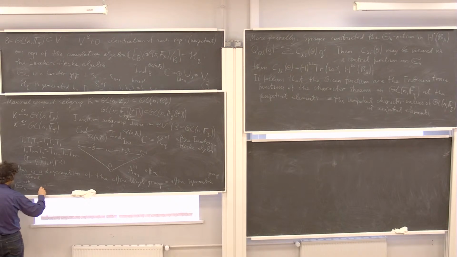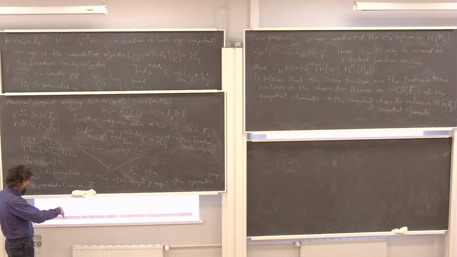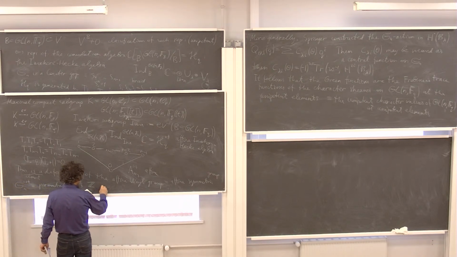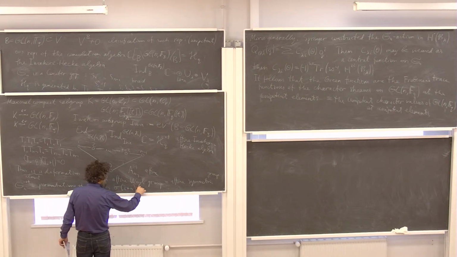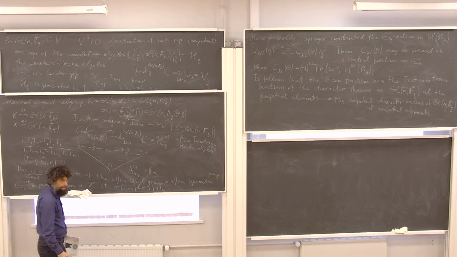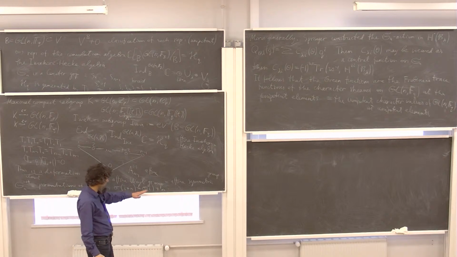So these are permutations of the whole set of integers, not just from 1 to n, but the whole integral line, such that sigma of i plus n is sigma of i plus n. Okay, and this is false as stated.